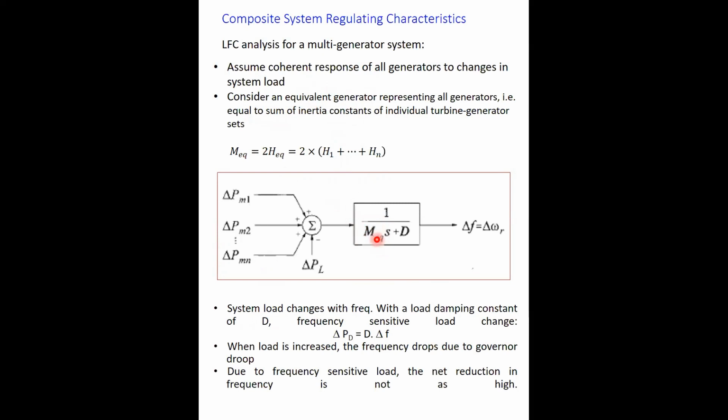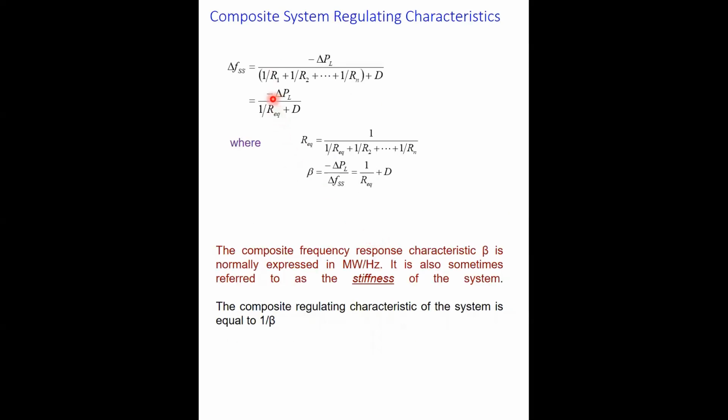It is this one. So we have the equivalent regulation plus D, and this is how we can define the equivalent regulation. And then we define one factor here, which we call composite frequency response characteristic, which we write as ratio of power to hertz.